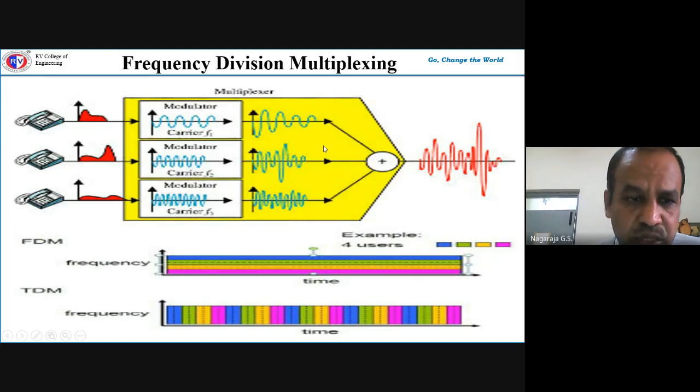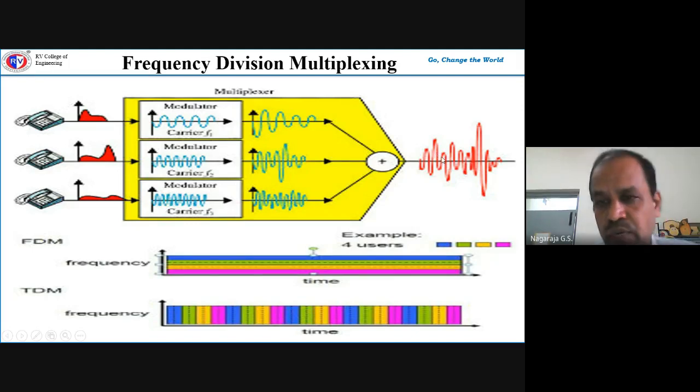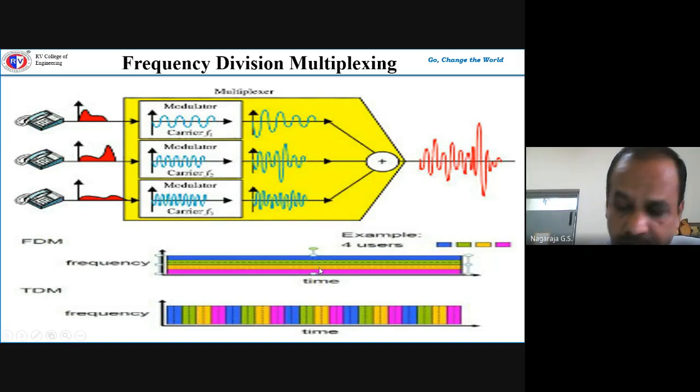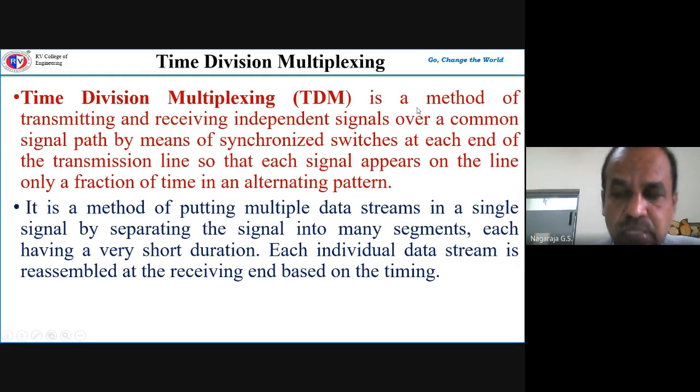This is at the source side, and similarly you have to look at the receiving side as well. When it comes to time division multiplexing, rather than talking about frequency, we talk about time division slots, wherein your data is transmitted with respect to the time slots. That's the message here.